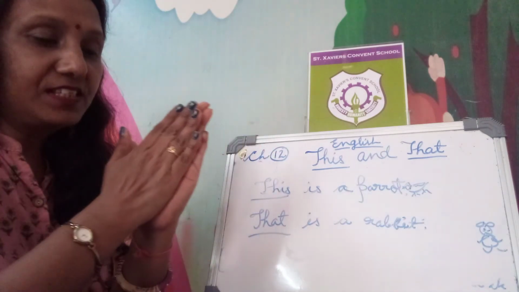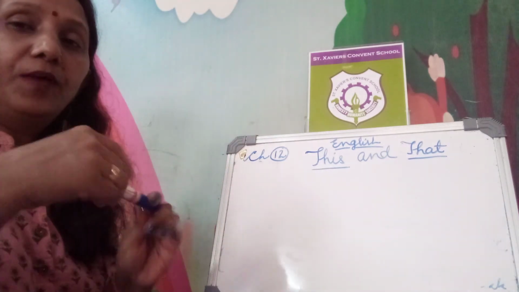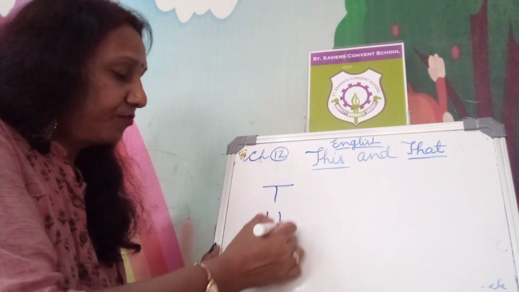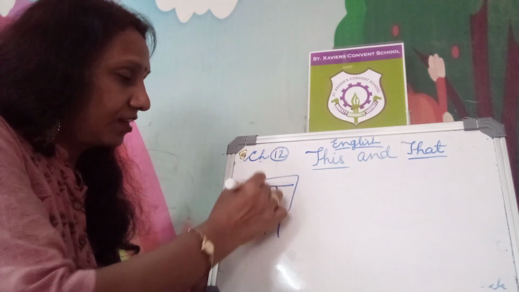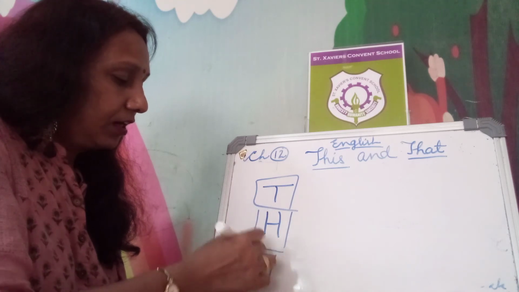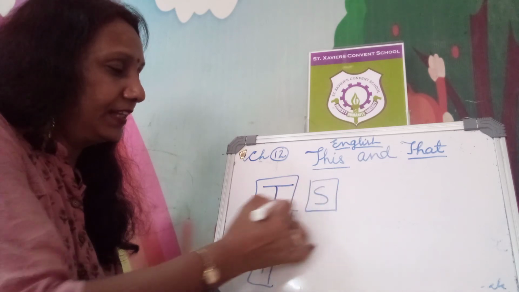You make many cards, like a card of T, card of H, card of I, card of S. So which spelling will this complete?